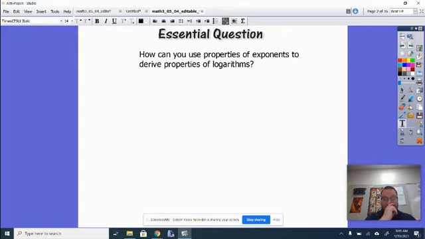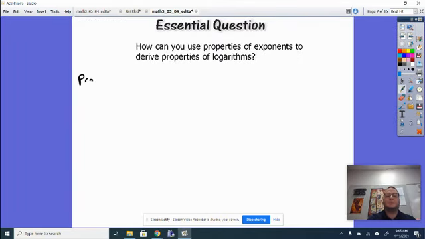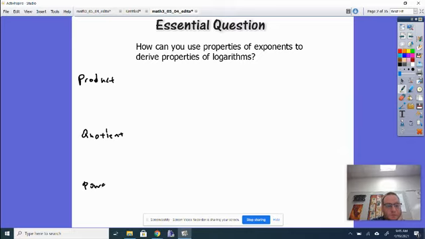When we talk about exponents, we have three big rules: the product property, the quotient property, and the power rule. The product property says that if I have b to the m times b to the n, I can combine those and say b to the m plus n.